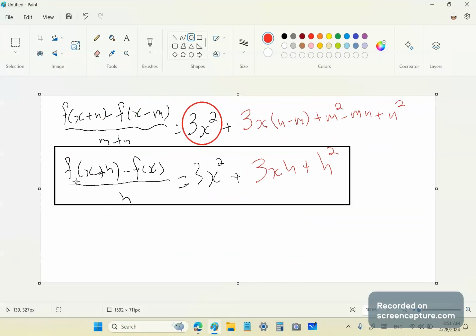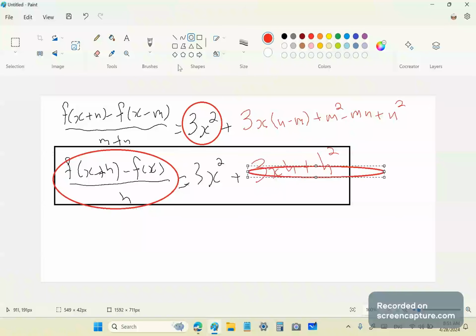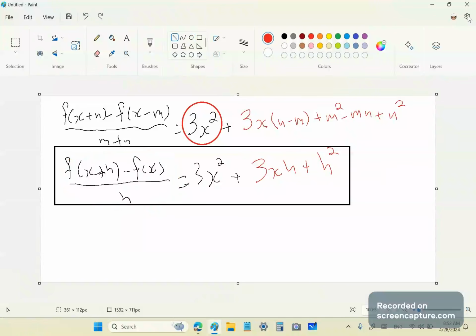Because then this here is the rise over run function. If it's a straight line, you're not going to have this. Let me just get rid of that. You're not going to have this. Okay. If it's a straight line. End of story. That's the only case where you don't have it.